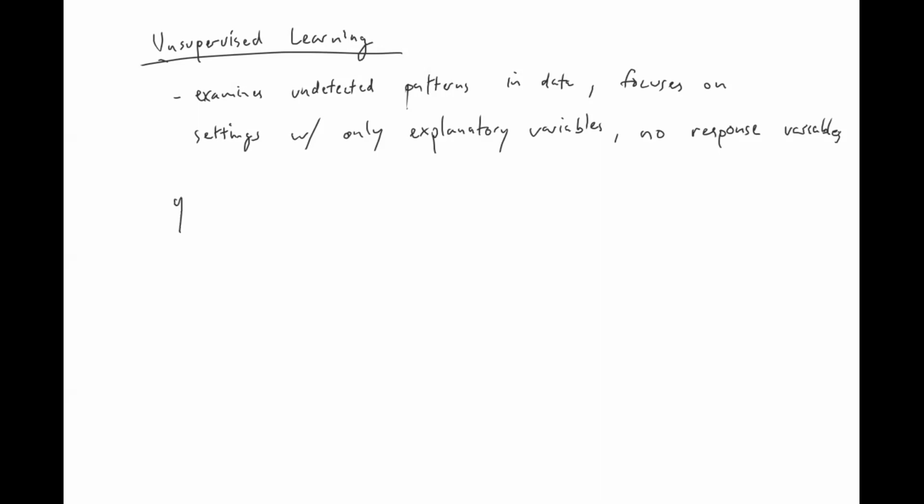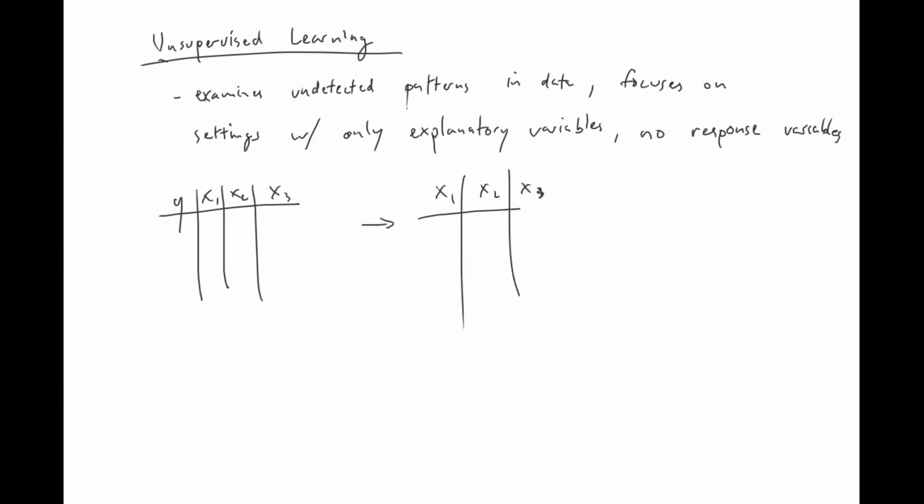So you might have y, x1, x2, x3. But you may have something where you have data that just looks like this, and you're not really interested, or you don't even know what the y should be, and you're not really interested in making any predictions.